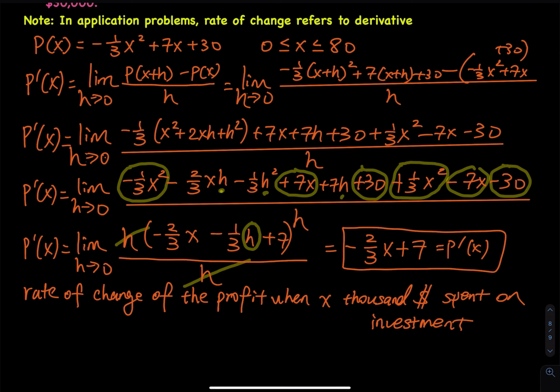What happens when the rate of change is negative? If the rate of change is negative, that means your profit goes down, right? Your profit is decreasing. When the rate of change is positive, that means your profit is going up.